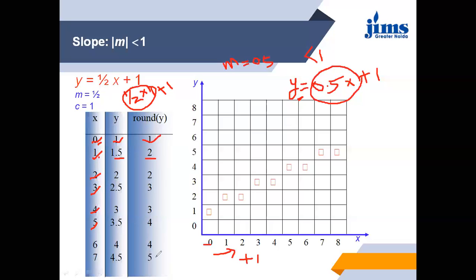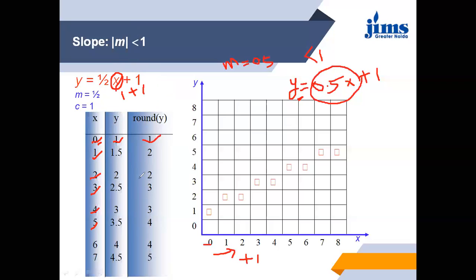When we are going to calculate the value of the next pixel by using the same equation, we will put the value of x2 over here. This is 2 multiplied by half, that is 1, and 1 plus 1 is 2.